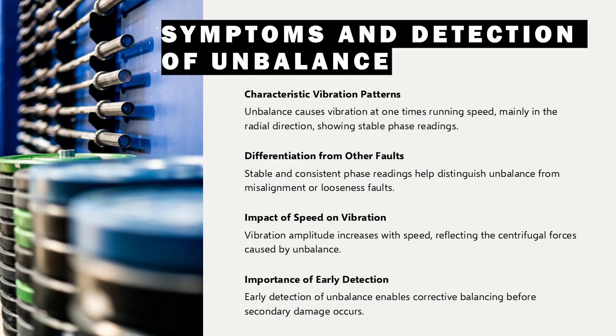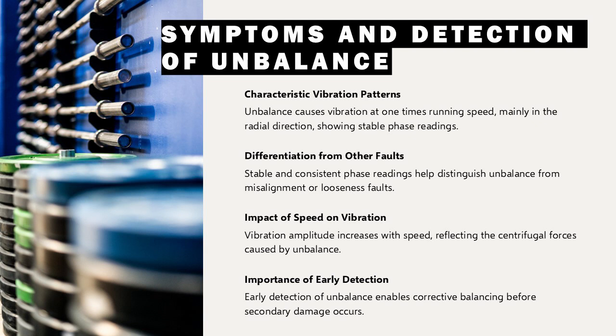From a diagnostic standpoint, unbalance produces characteristic vibration patterns that are well understood in vibration analysis. The most common symptom is dominant vibration at 1 times running speed, 1 times RPM, primarily in the radial direction. Phase readings are typically stable and consistent, which helps differentiate unbalance from other faults such as misalignment or looseness.